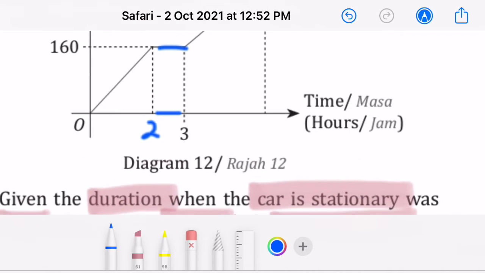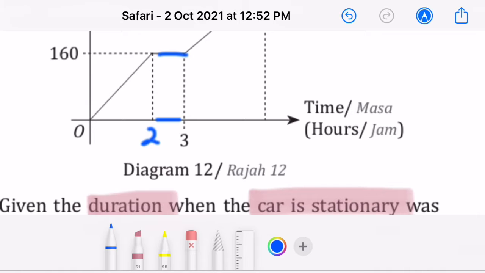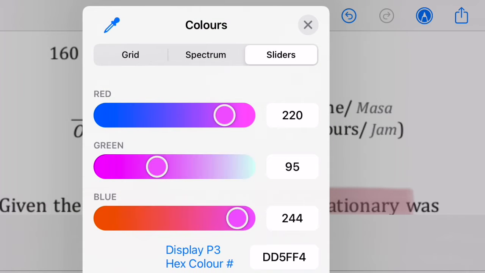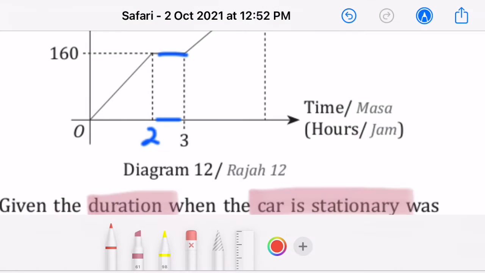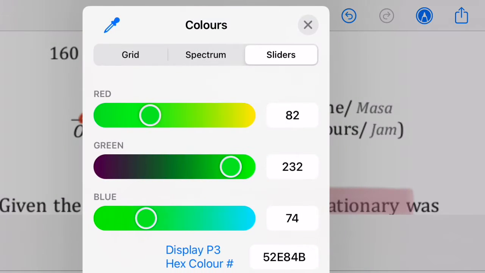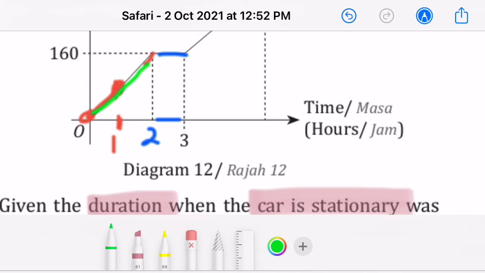First hour. Where is the first hour? Let me show you. This is the first hour, so we have to find the speed. Speed means gradient. Instead of finding at 1 hour, because they are on the same line, the speed should be the same gradient.